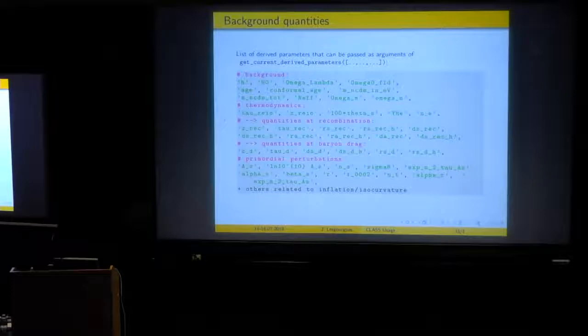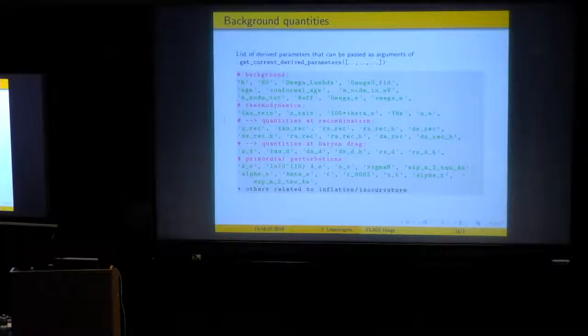Okay, and then also you have quantities which are calculated at recombination, like the redshift of recombination, the conformal time at recombination, the sound horizon at recombination, the angular distance at recombination. What you should know is that every time that you see a variable starting by r, it's a co-moving distance, and by d, it's a physical distance.